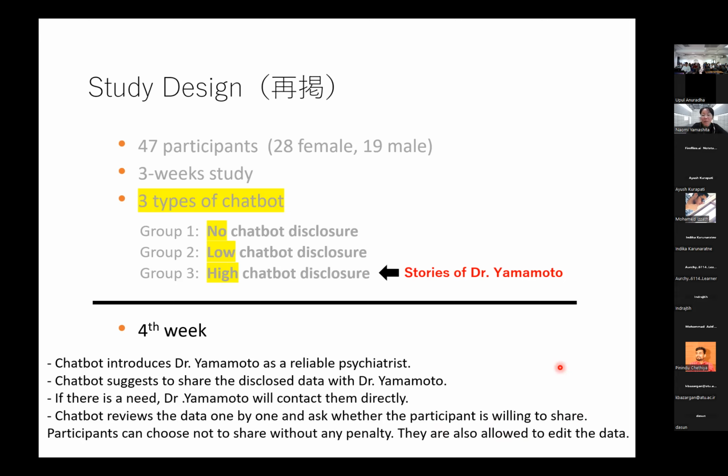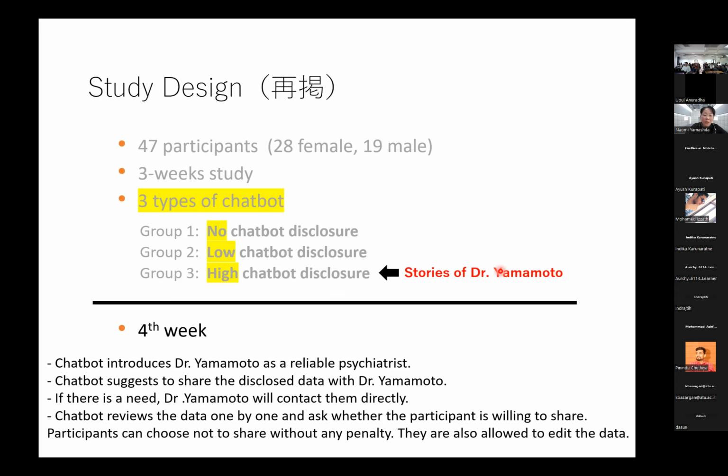But here there's a trick. Actually, for group 3, where the chatbot had high disclosure, the chatbot had already talked about Dr. Yamamoto in their small talks, just like we do in our daily chatting.